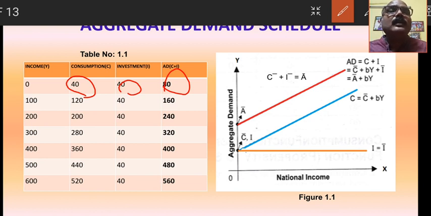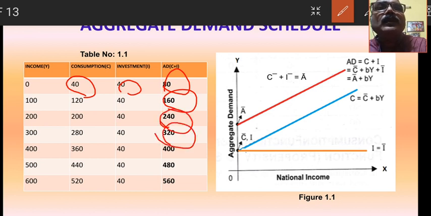And the third column represents the investment, and investment remains 40 throughout the schedule. So aggregate demand is equal to consumption plus investment. So 40 plus 40 is equal to 80, then 120 plus 40 is equal to 160, then 240, then 320, then 400, then 480, then 560.